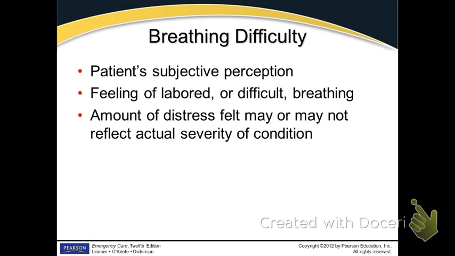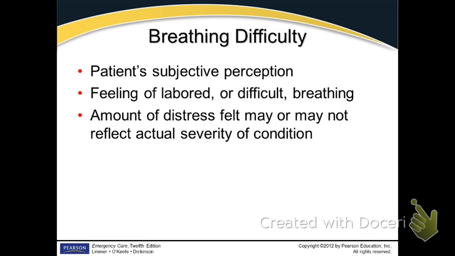So it could be a perception, but one thing that you may look at, especially in asthmatics, is they may not seem outwardly like they're having respiratory distress, but they just can't get air in. They're air trapping.